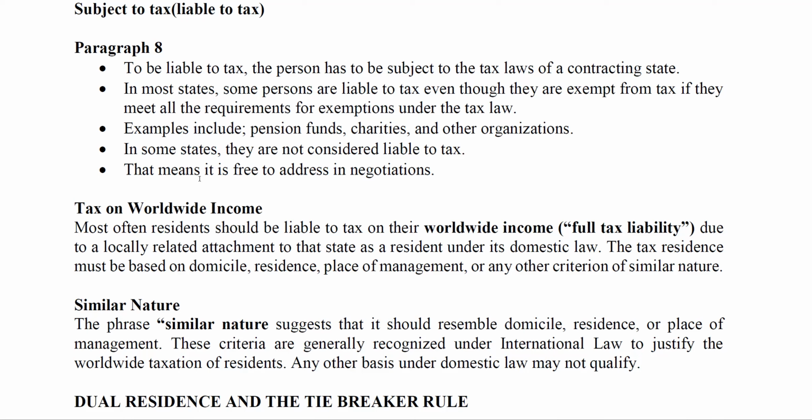So in Ghana, things like pension funds, charities, and other organizations are exempt when you apply to the GRA. In some states, they are not considered liable to tax like Ghana. This means it is free to be addressed in negotiations between the two treaty partners when they are dealing with issues of residents. Please, is everyone following?